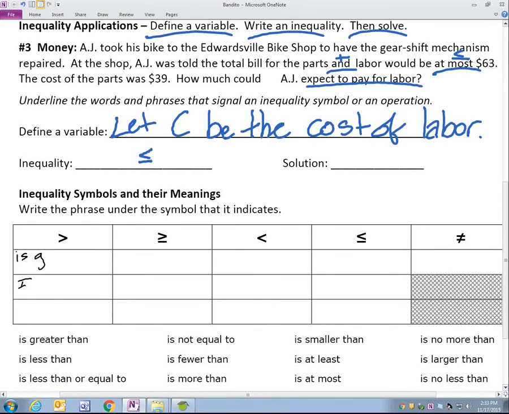Well, C is the cost of labor, so it's going to be C plus the amount of the part. I see the cost for the part is $39 right there, plus 39 is less than or equal to how much? $63.